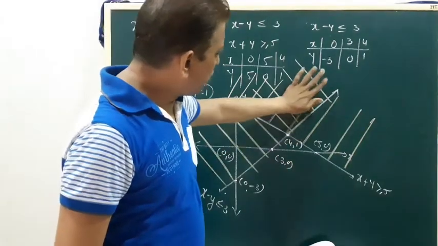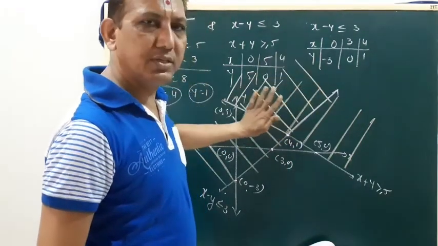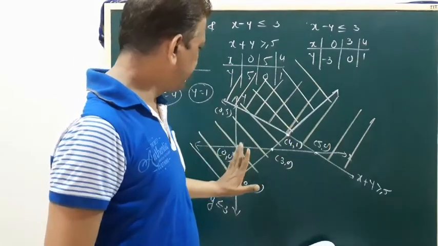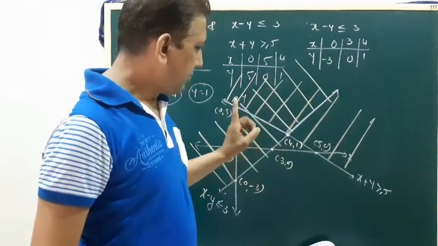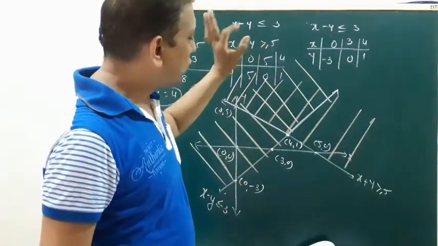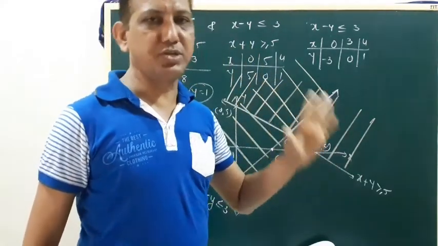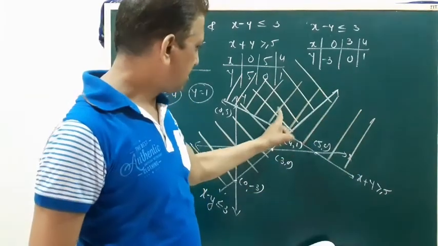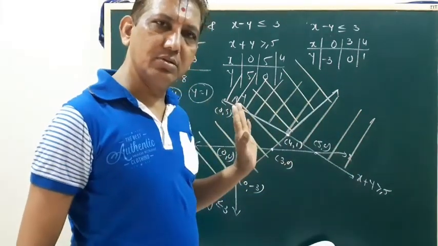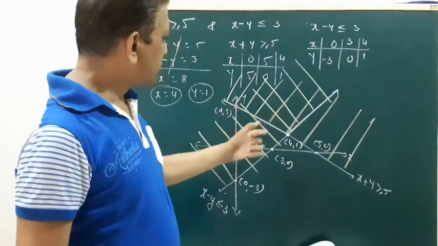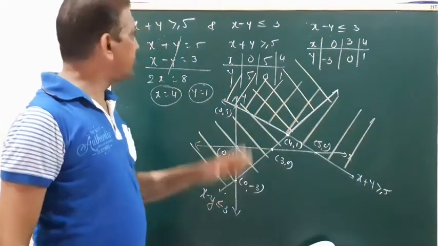You can draw only this part, not necessarily this one. Whenever we discuss two equations, only draw the common portion. Is it clear? So this is the graph of the two equations.